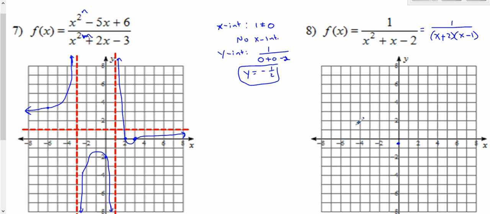For my vertical asymptote, I set the denominator factors equal to 0, so x plus 2 equals 0. I get x equals negative 2. And for x minus 1 equals 0, I get x equals 1.